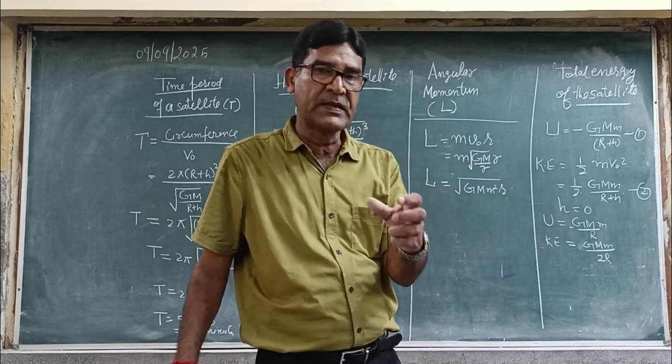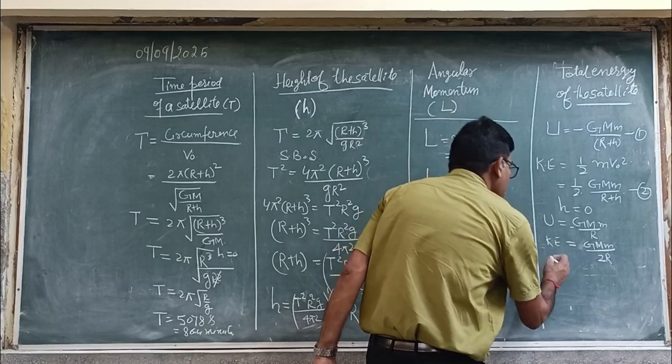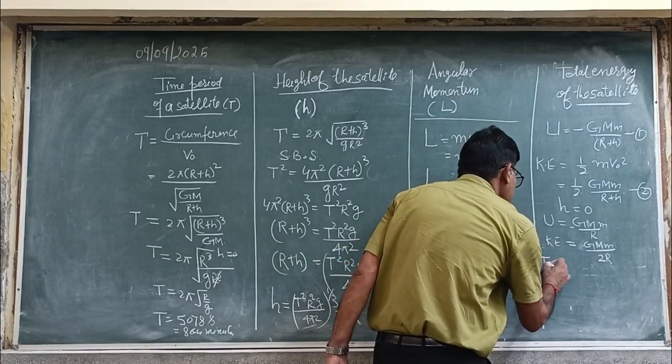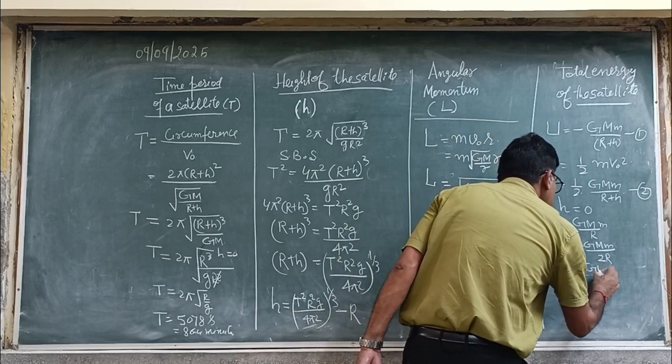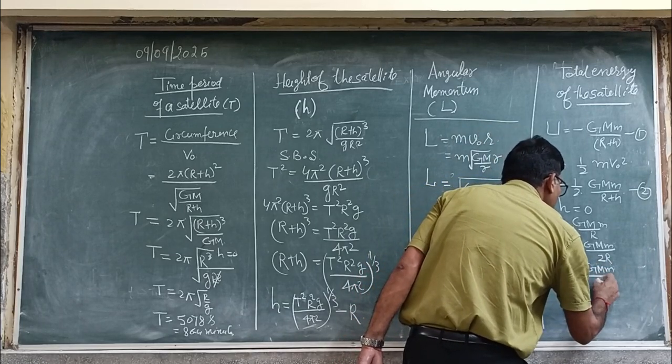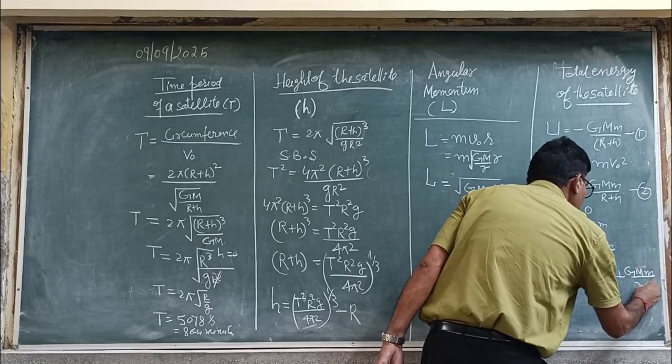Now if I replace this capital R by small r, any distance, see it, total energy is equal to minus GMm upon r plus GMm upon 2r.